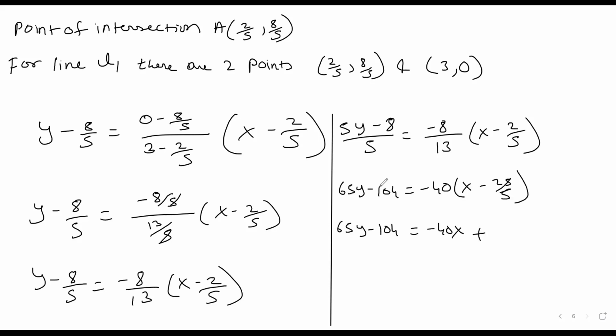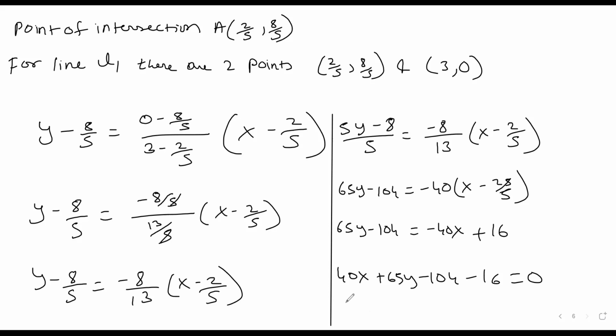So 40 divided by 5 is 8, and 8 into 2 is 16. We can write it as 40x plus 65y minus 104 minus 16 is equal to 0. That is 40x plus 65y minus 120 is equal to 0.